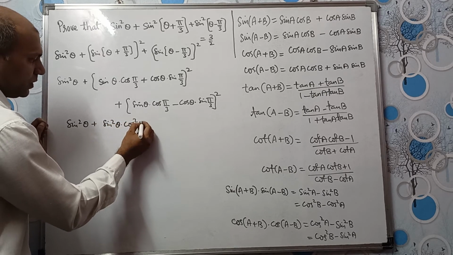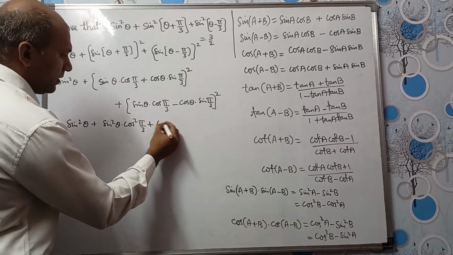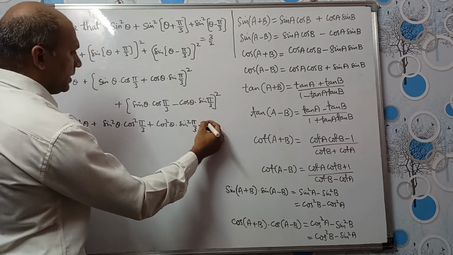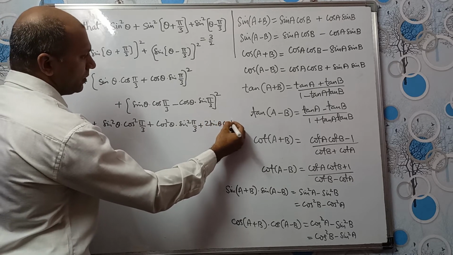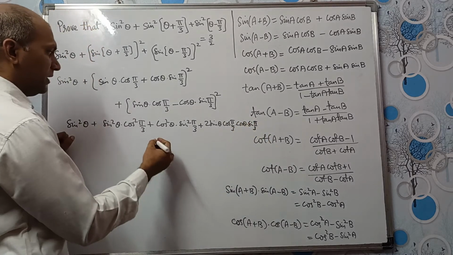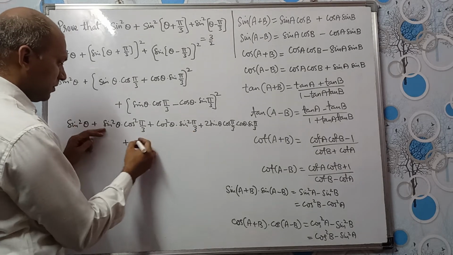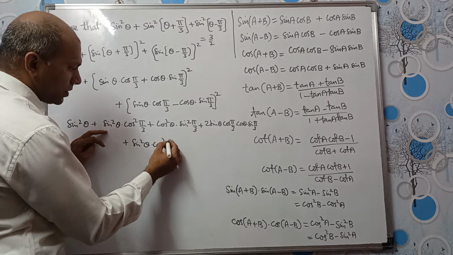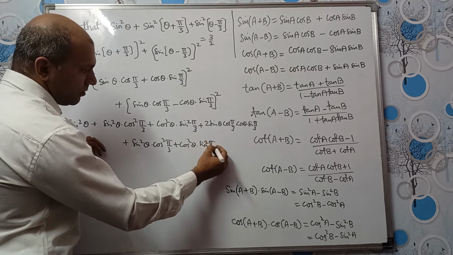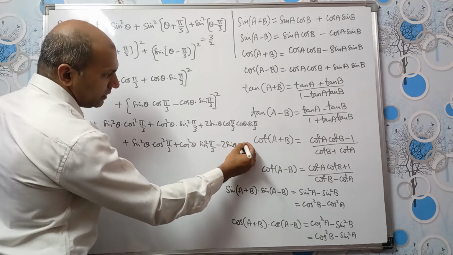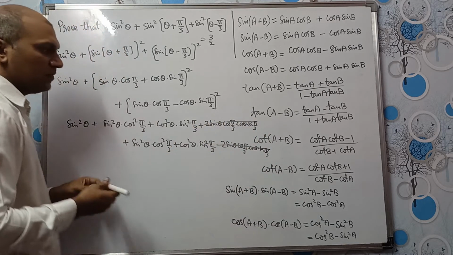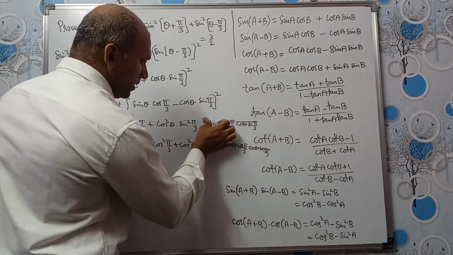Sine square theta cos square pi by 3 plus cos square theta sine square pi by 3 plus 2 sine theta cos pi by 3 cos theta sine pi by 3, plus the same thing with a minus sign here. So sine square theta cos square pi by 3 plus cos square theta sine square pi by 3 minus 2 sine theta cos pi by 3 cos theta sine pi by 3. So this term will get cancelled now, right? One is plus, one is minus. So let me remove this.